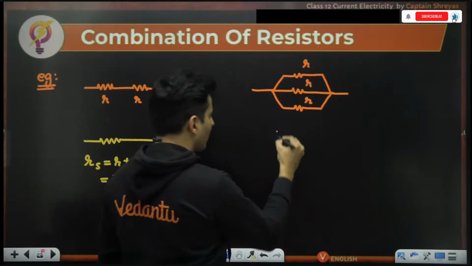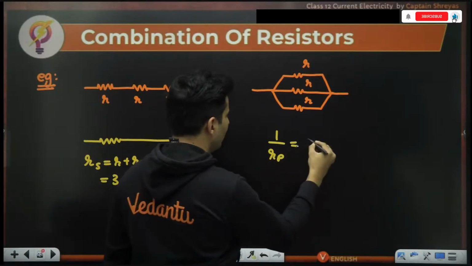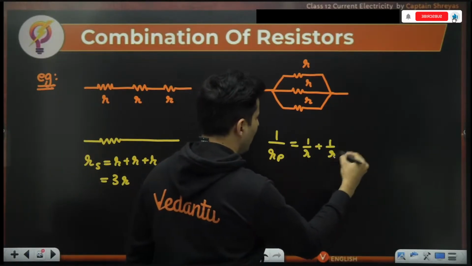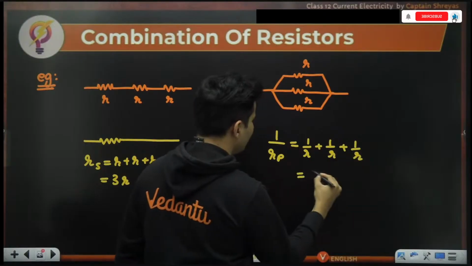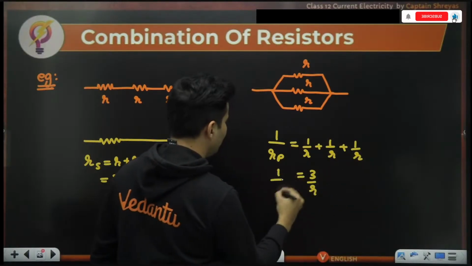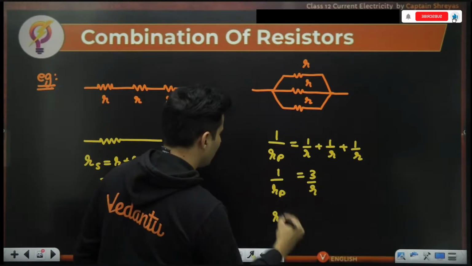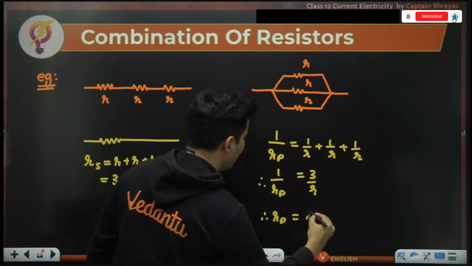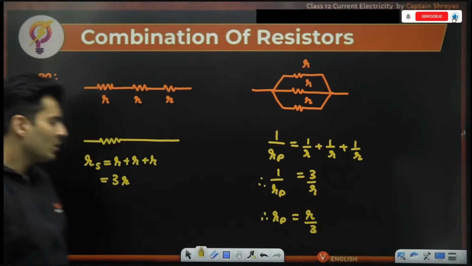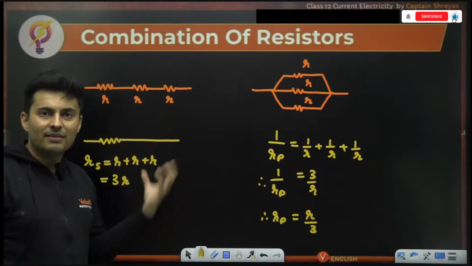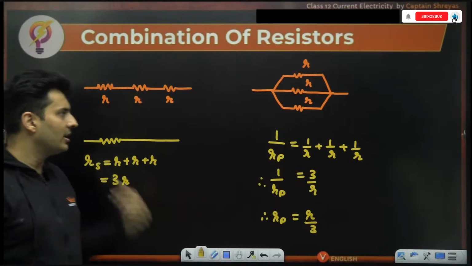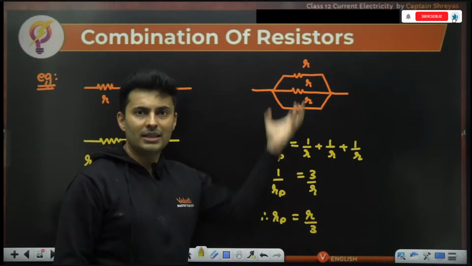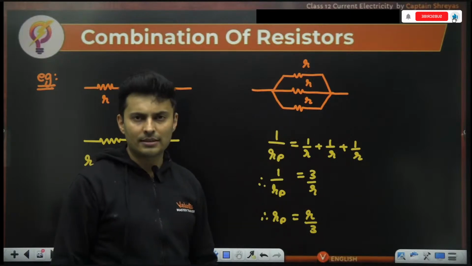But over here, 1 by Rp will be 1 by R plus 1 by R plus 1 by R, which is 3 by R, but that is 1 divided by Rp. Therefore, Rp will be R divided by 3. So in series, the final resistance is definitely larger than any of them, and in parallel, it is definitely lesser than any of these resistors.